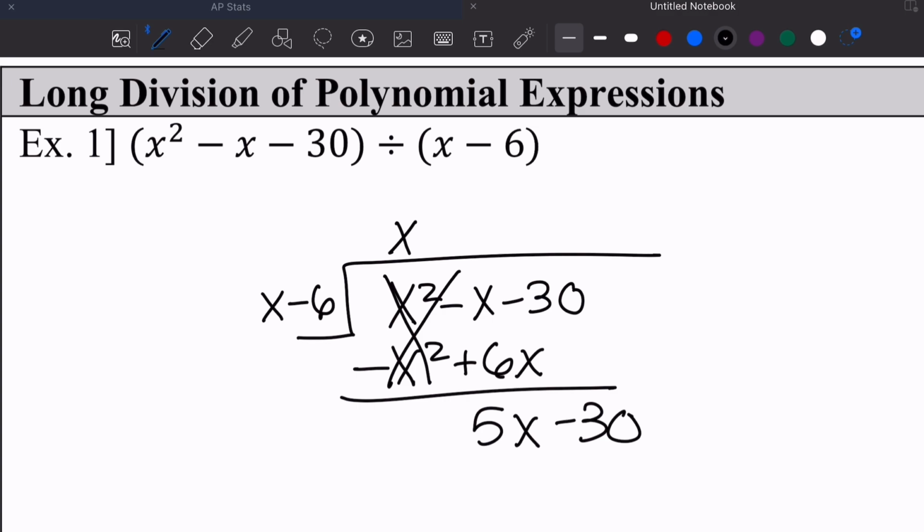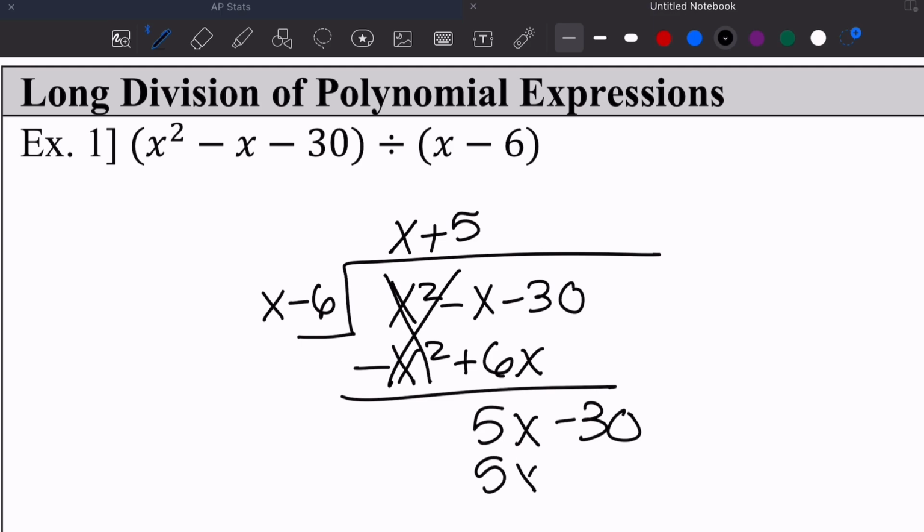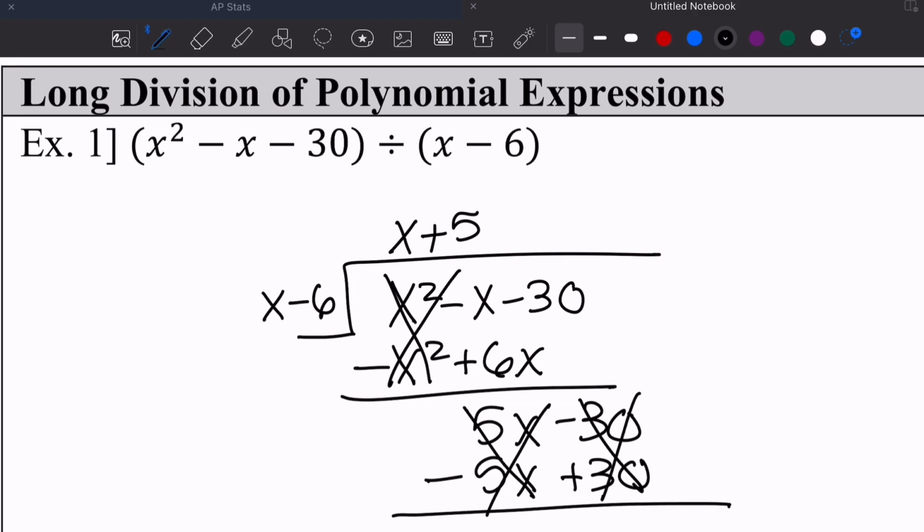Now, how do I get x to make 5x? Well, I multiply it by 5. 5 times x is 5x. 5 times negative 6 is negative 30. Well, I change the signs and then add down. Notice both of them now cancel out and I have a remainder of 0, meaning my answer is x plus 5.